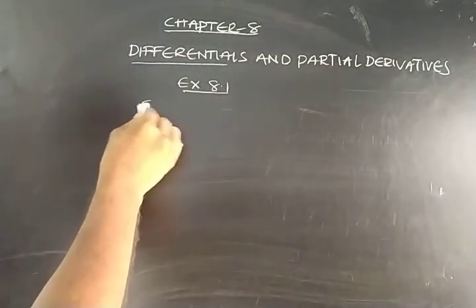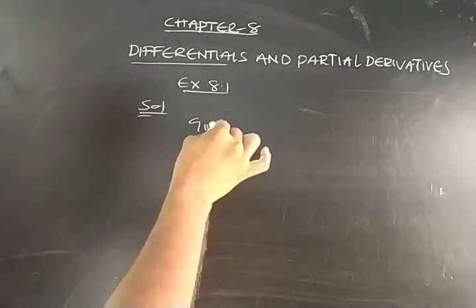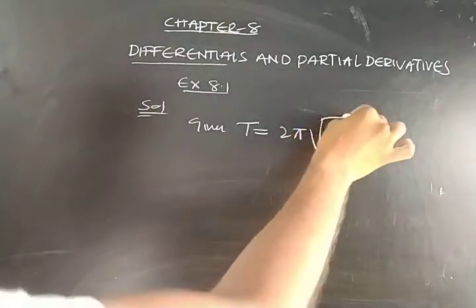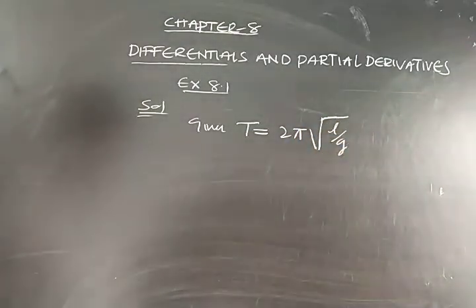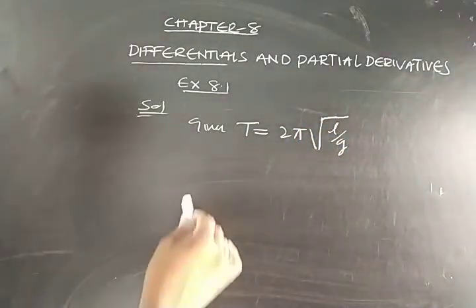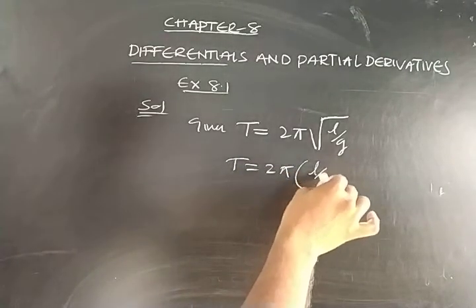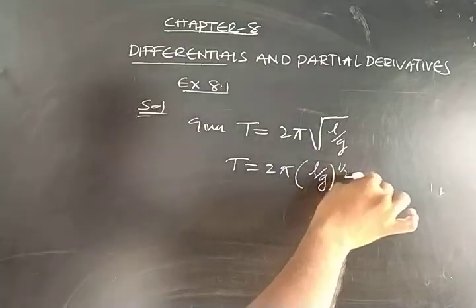So the solution: given t is equal to 2 pi root of L by g, where g is constant. Here the root we can write as L by g whole to the power of 1 by 2.